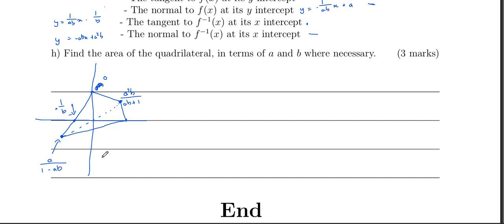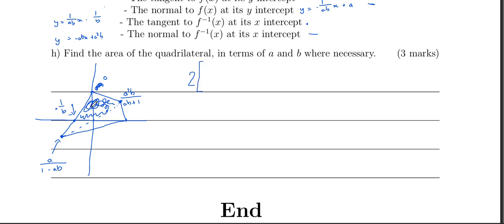All right, so to find the area, first of all, we're going to find the area above the x-axis, so this area here. And first of all, let's write the 2 down, because remember we have to multiply by 2.